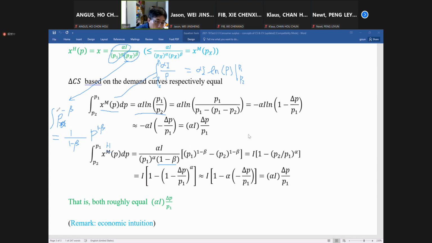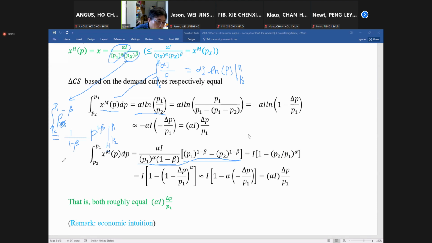And of course, you need to consider the so-called definite integral calculus from some number to another number, C1. The end point is a bigger number, the starting point is a small number. Okay, we get this one. And this part is this part. You just copy it and paste, and nothing changed. So therefore, this is the change in consumer surplus based on Hicksian demand.